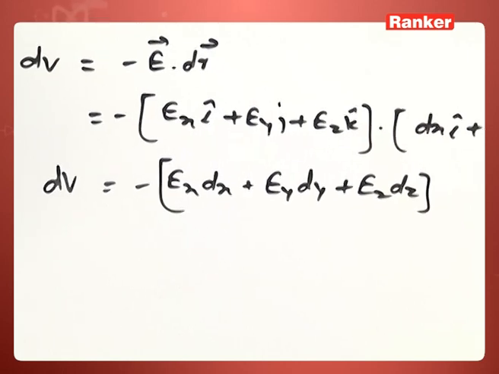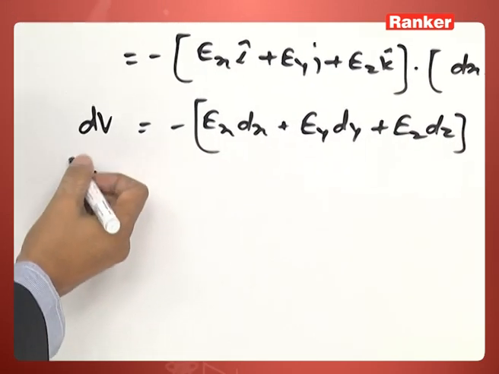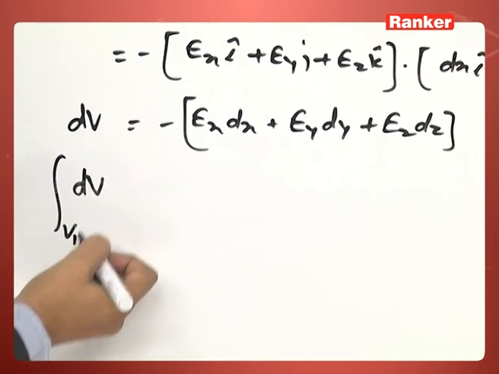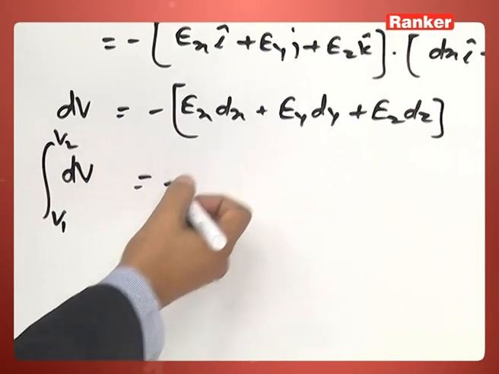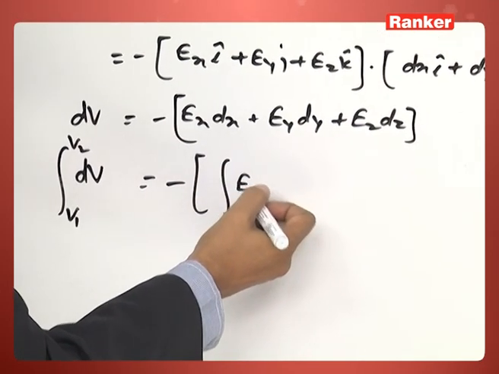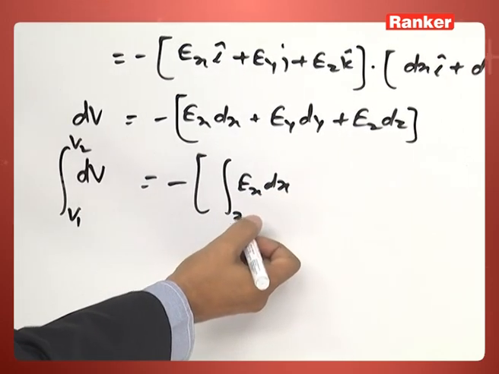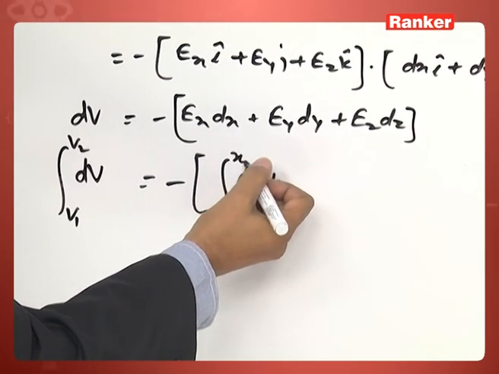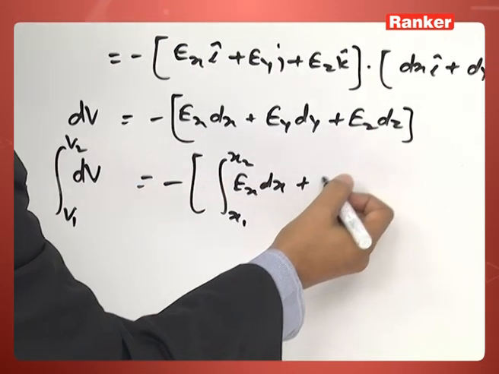Now if we want to find the potential between point 1 and 2, let point 1 means V1, point 2 means V2. So here we can integrate Ex dx, x coordinate of position 1 and then x coordinate of position 2.